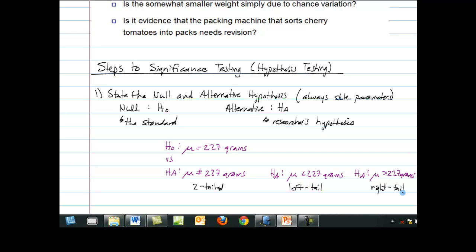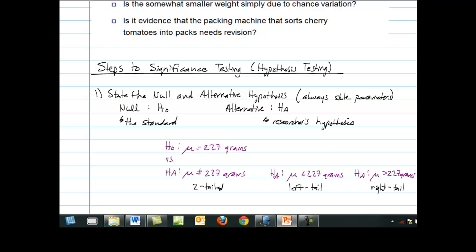Now if we're the company and we want to make sure our profits are in line, we don't want to overfill the tomatoes, we don't want to give away more than what people are paying for, so I might want to test this case. The other alternative would be, I don't know if my machine's working right, I don't know if it's under or overfilling, so I check the two-tail case.